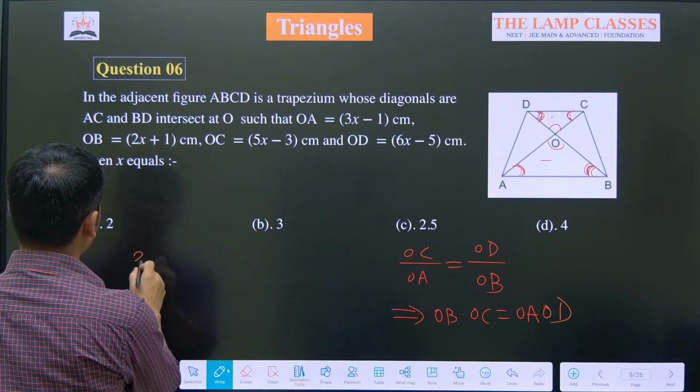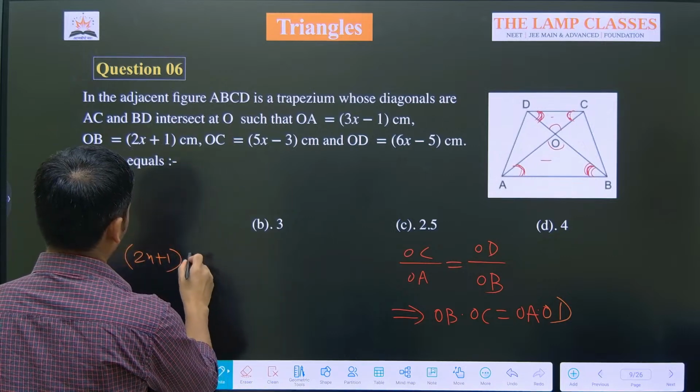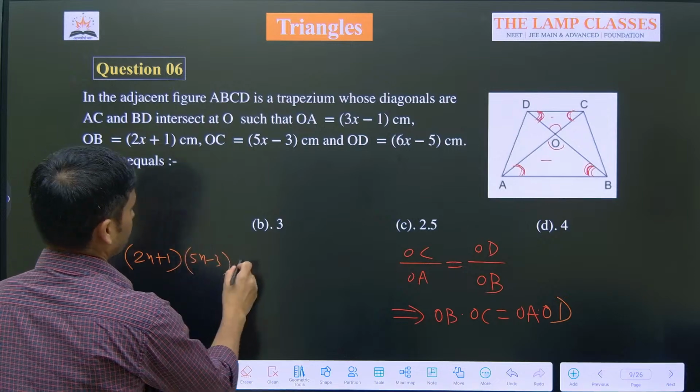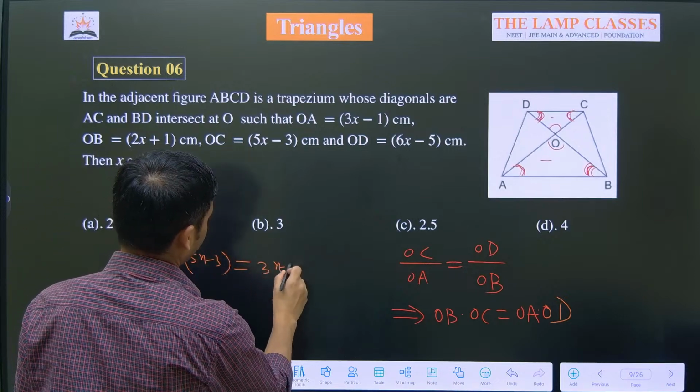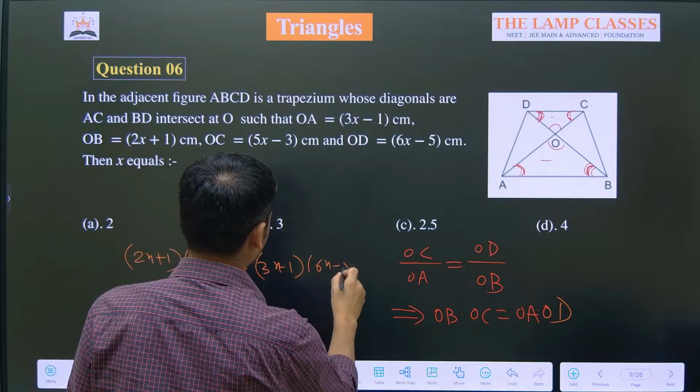OB is 2x plus 1 times OC, 5x minus 3, is equal to 3x minus 1 times 6x minus 5.